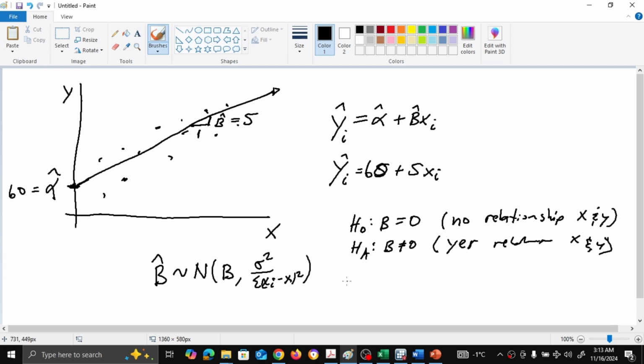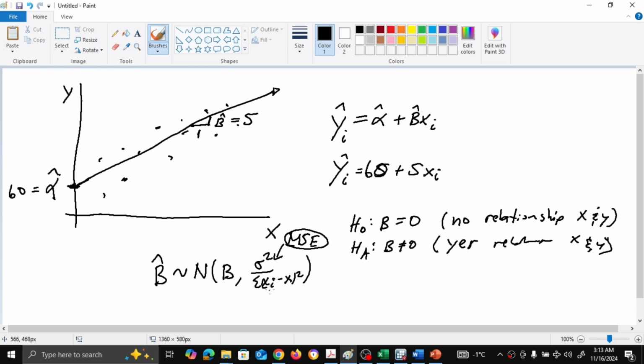But anyway, long story short, if I take a sample, I estimate this sigma squared by the mean square error, okay? This is the sample version, because I don't know the sigma squared, which is the population variance of the regression model, okay?